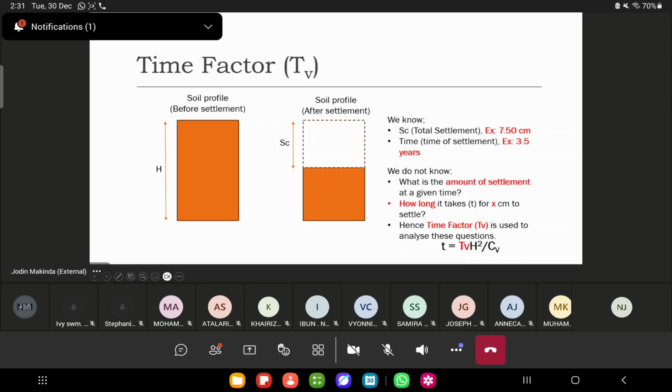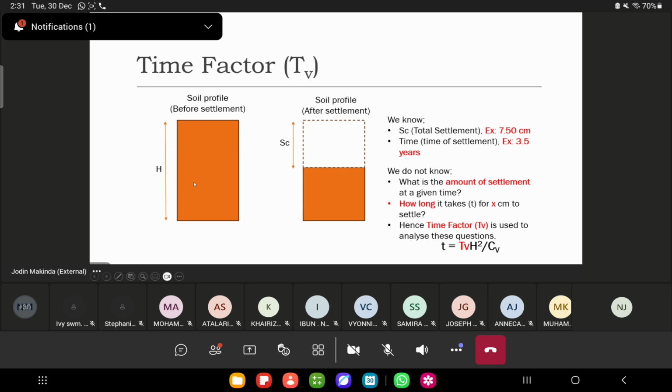So, based on what we learned so far, in part one of consolidation and settlement, and in part two, we know now how to calculate total settlement. Yeah. So if you look into the soil profile here, before settlement, the thickness of the clay is H meter.